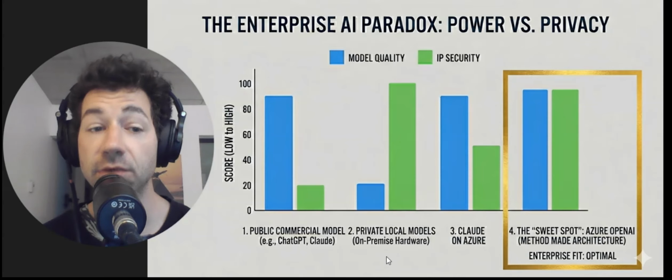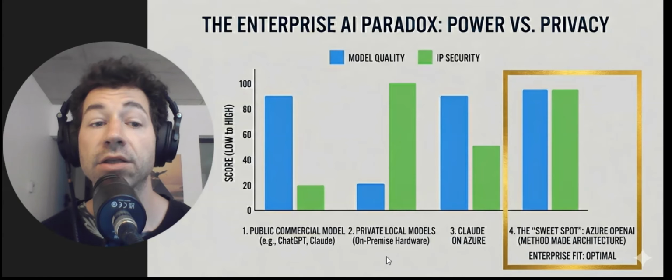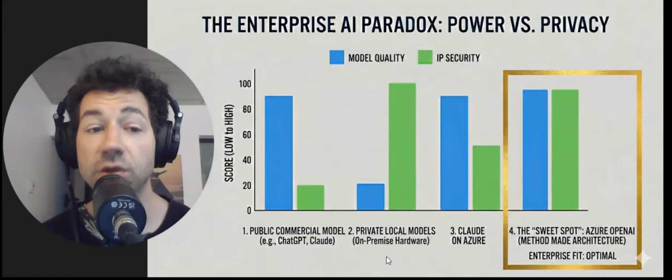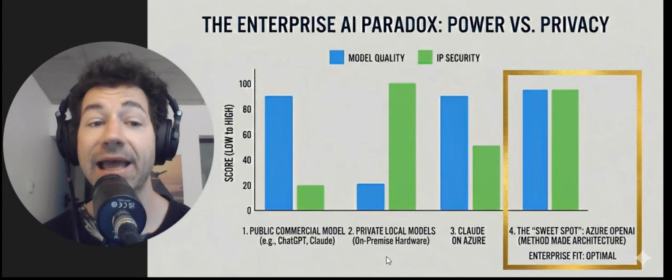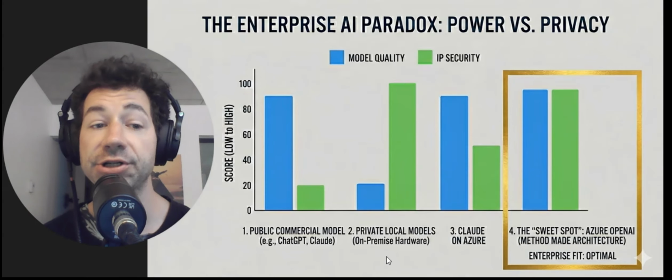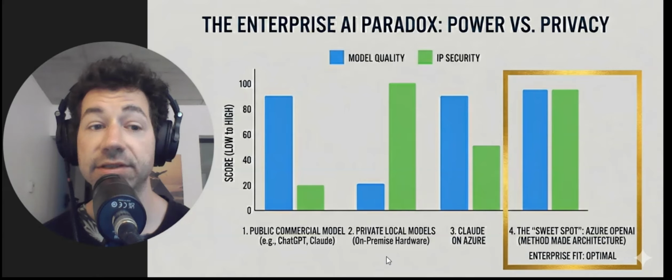And what that means for you as a consumer is your data is just going to Azure servers, which you're already using. You can take advantage of highest quality models at the same time as protecting your data. At Method Made, this is the architecture that we built our system on so that you can leverage AI in your enterprise while protecting your data privacy.